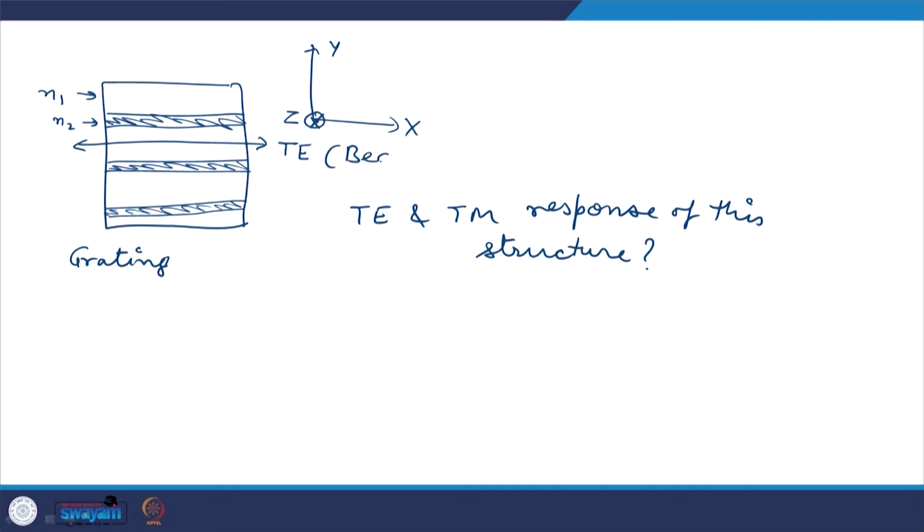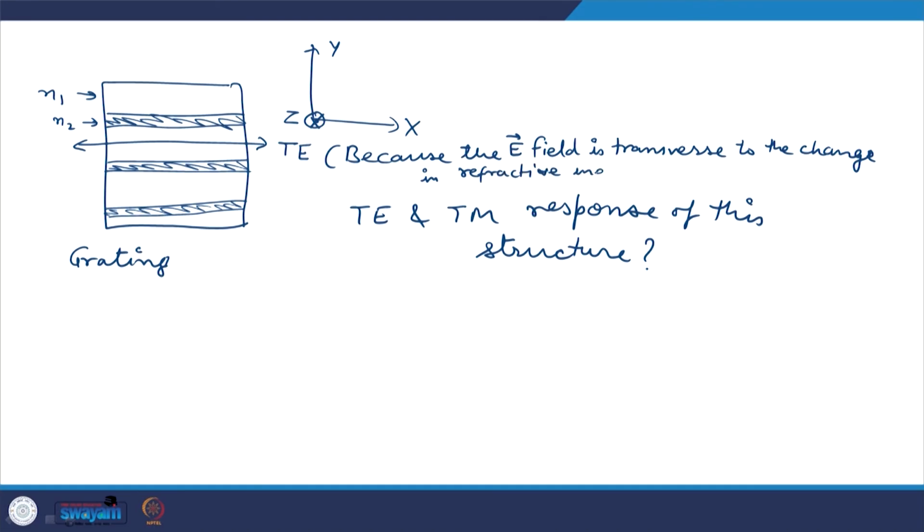The electric field of the incident wave is transverse to the change in the refractive index.